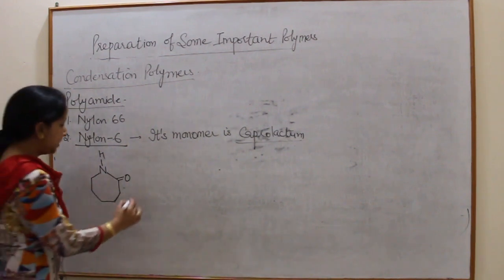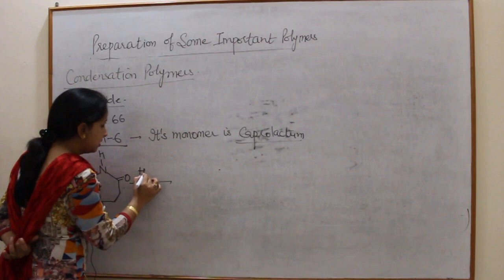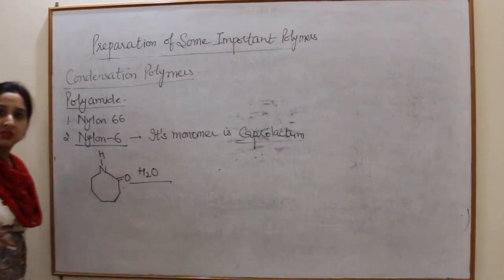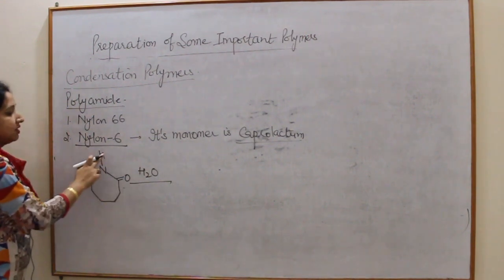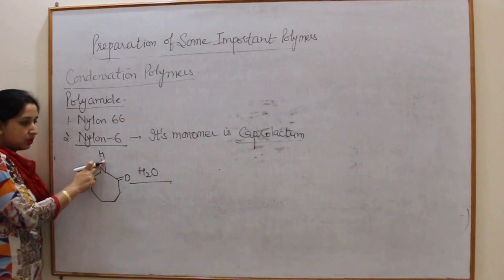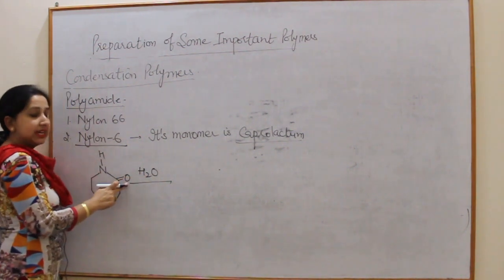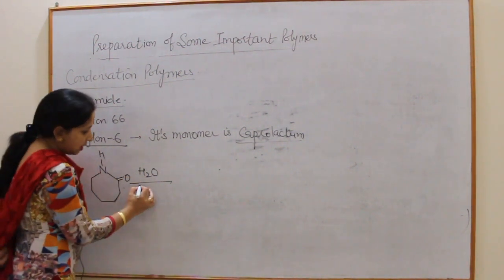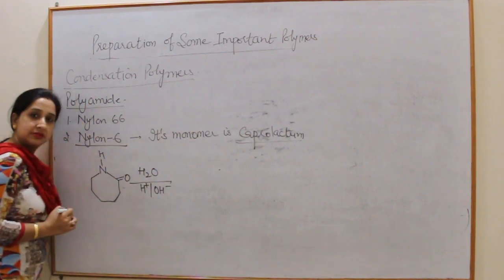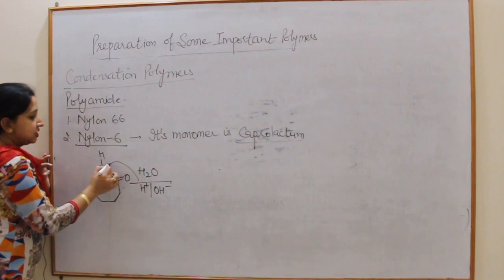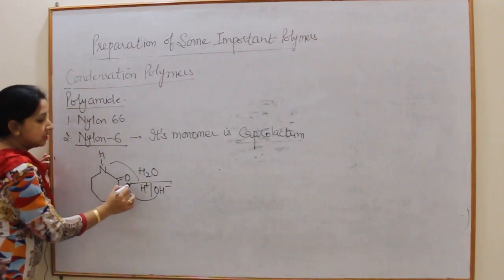This on treatment with water, what will we get? One H will be added to the NH group and OH will be added over here. Water will basically add like this, H here and OH here.